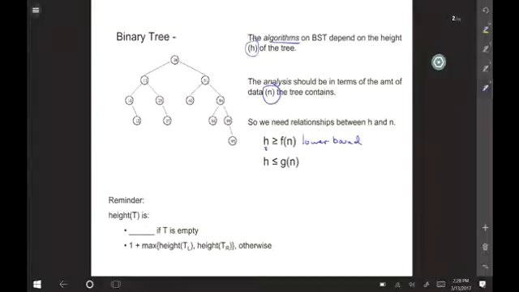And what this means is that our algorithm cannot do better than this function of n. Okay, because h will be at least that big. So height-based algorithms can do no better than f of n.